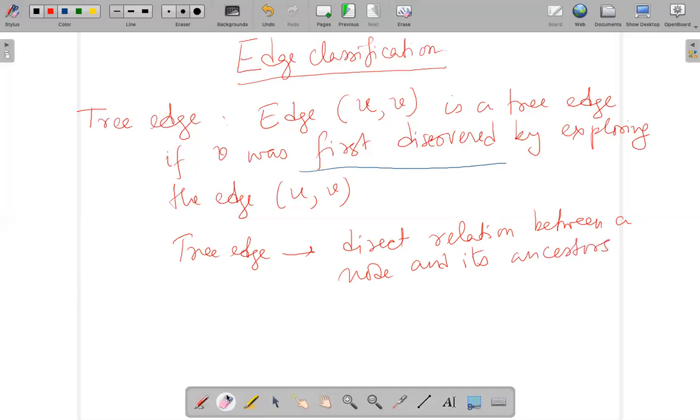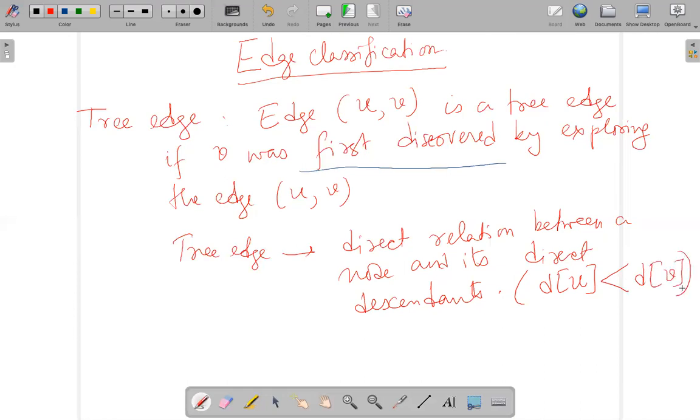Sorry, node and its direct descendants. In other words, the discovery time of U is strictly less than the discovery time of V. Sometimes we call this a low to high nodes connection, or a low to high node relation.